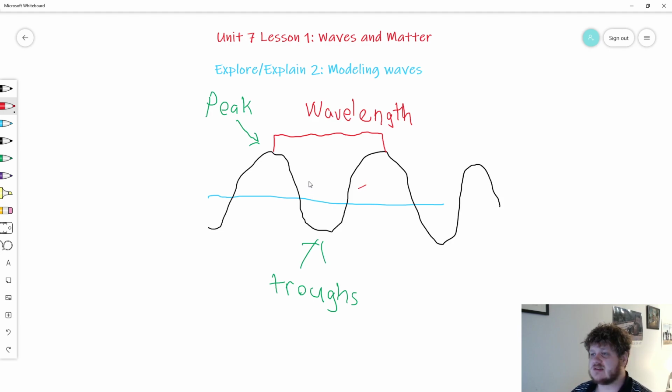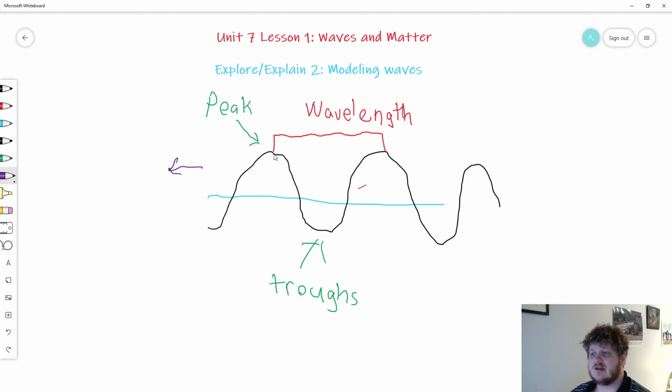So if this wave from the water droplet was moving this direction, the period would be the time it takes for this wave to get all the way over to here.